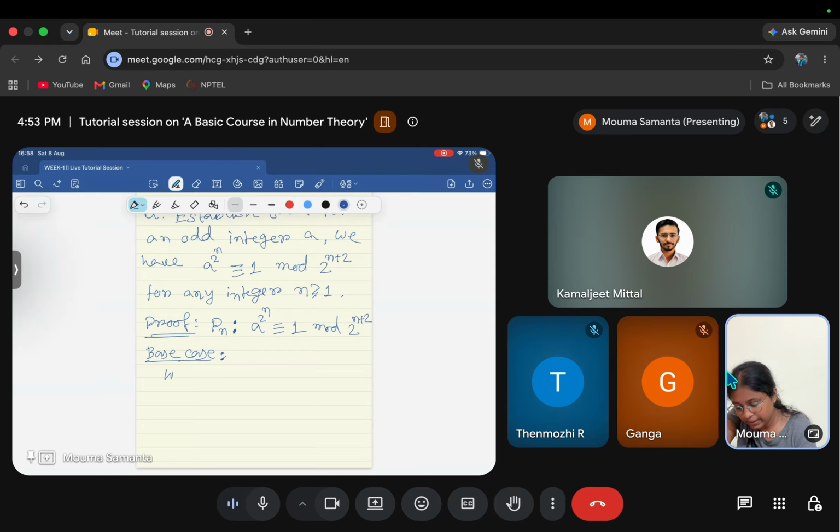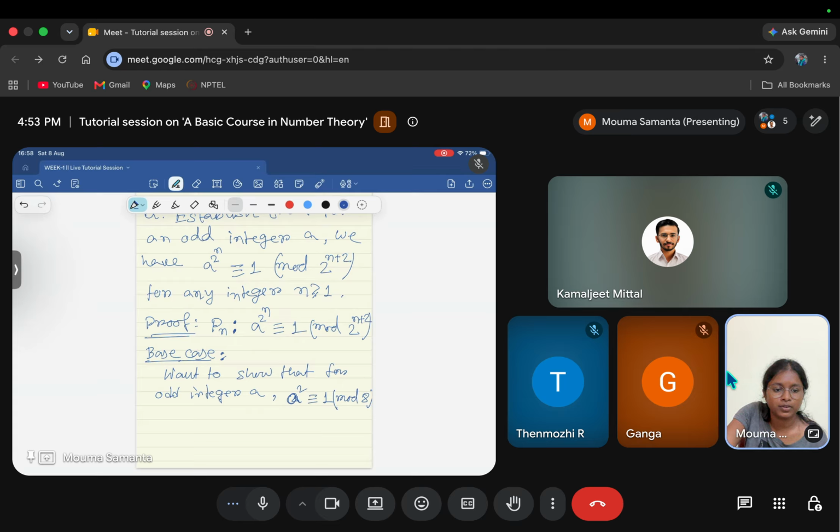So let's try it first. We want to show that for an odd integer a, a^2 is congruent to 1 mod 2^3, that is, mod 8. Can you show this one?